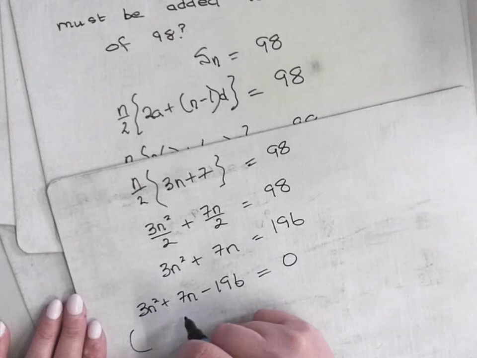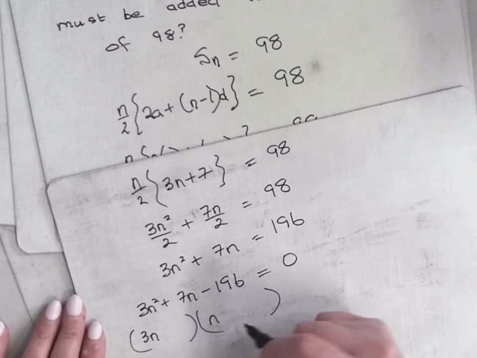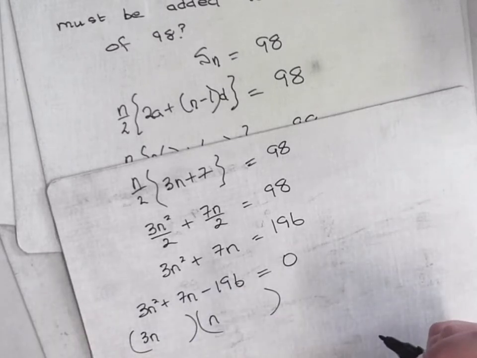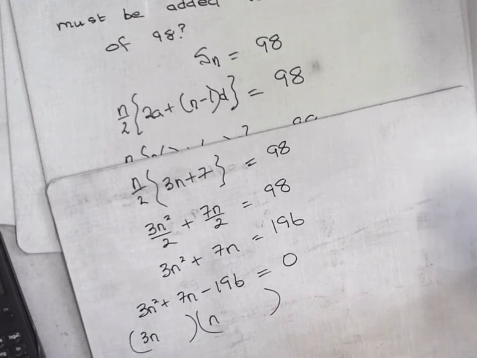Right, 2 sets of brackets, factorize. 3n and n. What are the factors of 196? If anyone wants to help me, feel free.